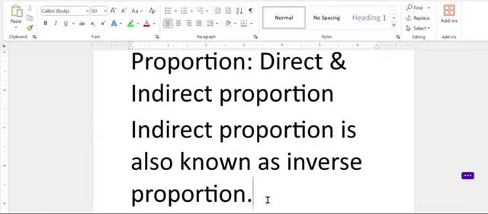If you are in JSS 3, in your junior WAEC, you are going to see lots of questions on proportion. So proportion is a topic that cuts across primary 4 to JSS 3. Make sure you put your mind in this topic called proportion when your teachers are teaching you.